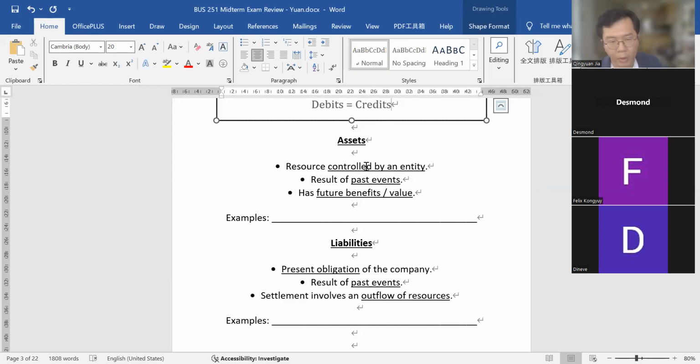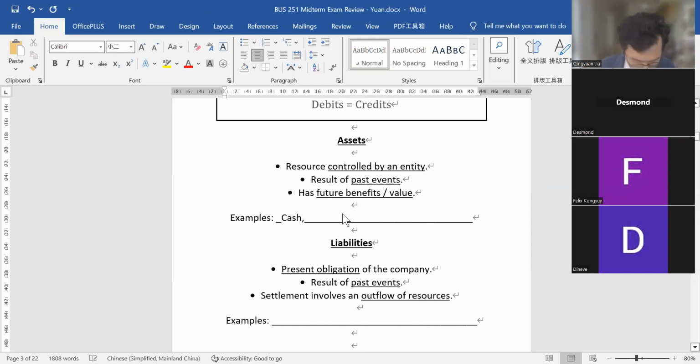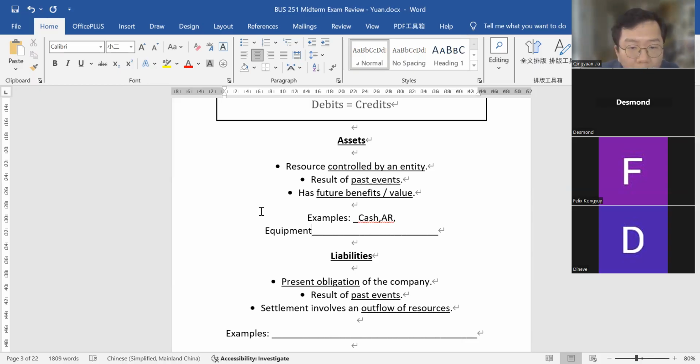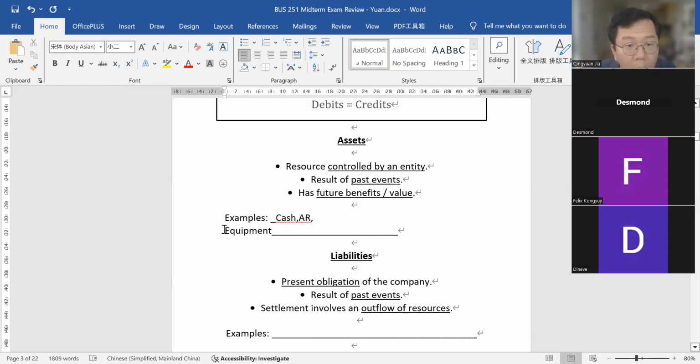For example, we have cash, accounts receivable, and also equipment. It's a bit messy, but it's fine. Equipment and also land. You should be comfortable with these items already because we use these accounts a lot when we do the journal entry.